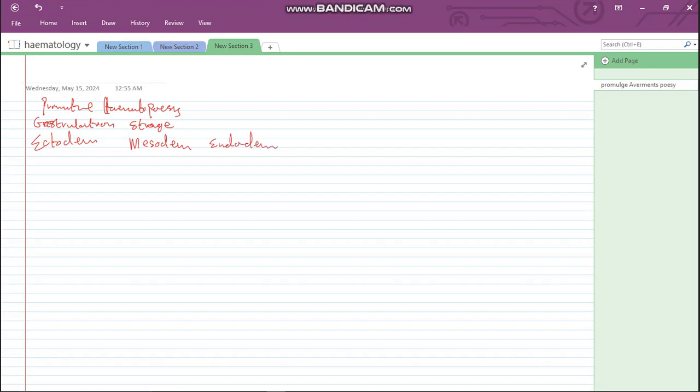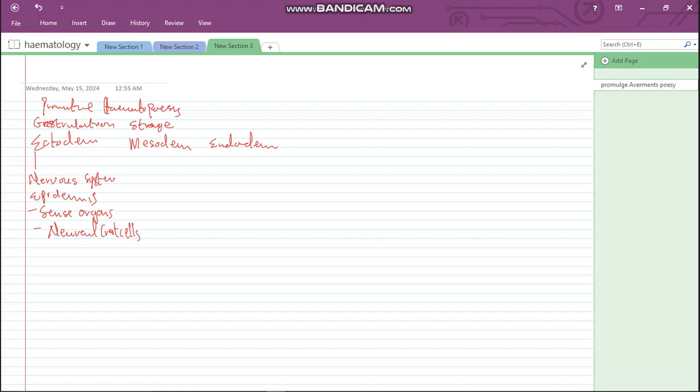Basically, the ectoderm results in the formation of the nervous system, the epidermis, the sense organs, and the neural crest cells.